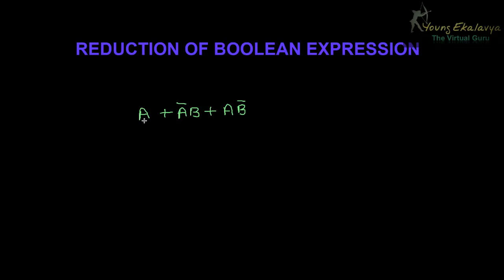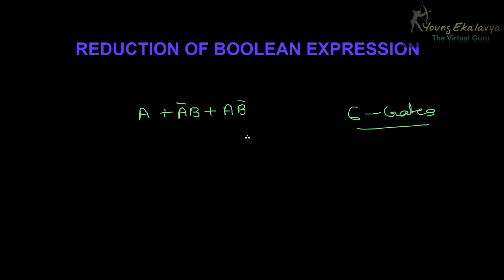So this is our expression. If we are strictly going to implement this expression, then we need 1 plus 1, 2 OR gates, 2 AND gates and 2 NOT gates. So totally we need 6 gates, right?